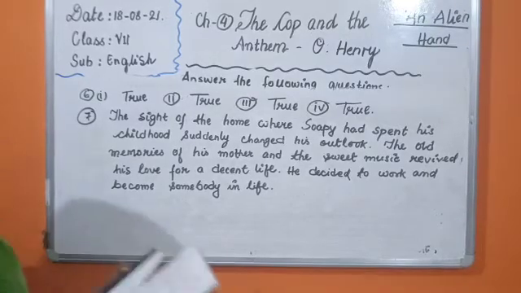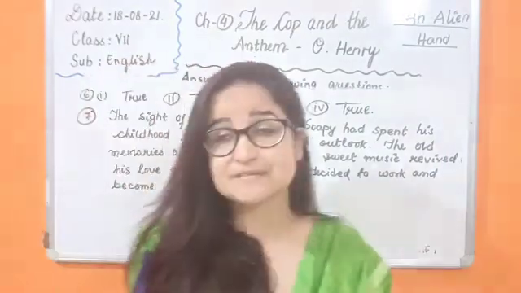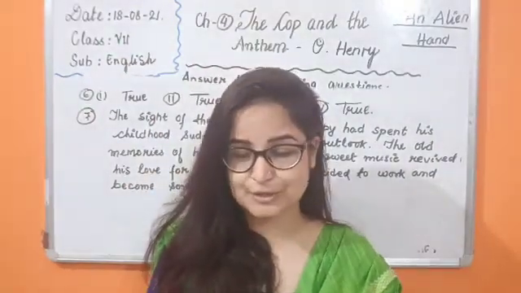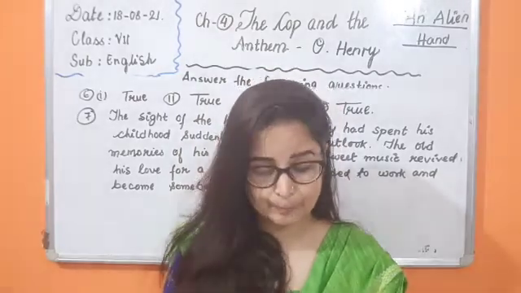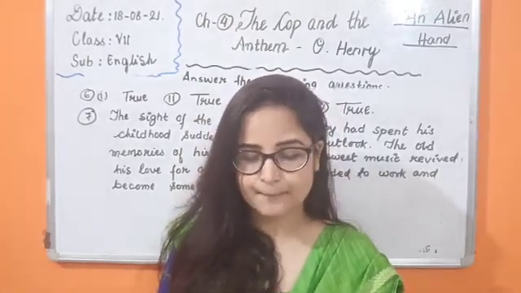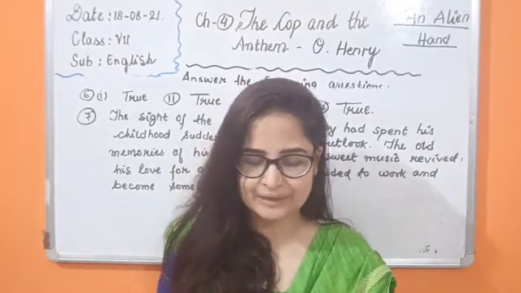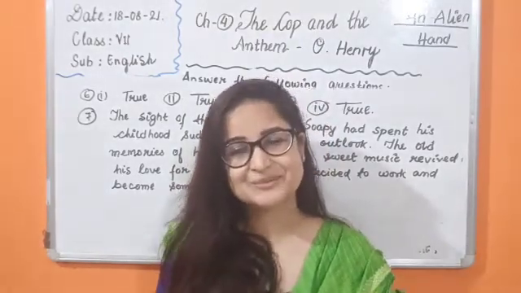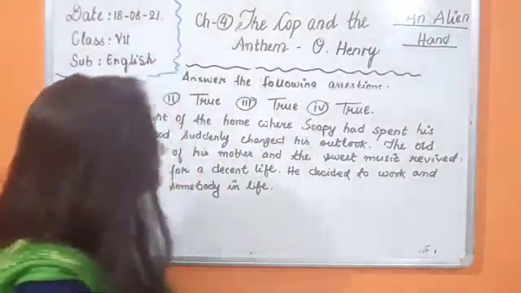Okay, children, we are done with the question answers here. Now we have something in the later part of this exercise. Discuss the following topics in group. Suppose no cop came at the end, what would Soapy's life be like through the winter? Yes, you know he wanted a life for himself, right? Let's write the answer of this one.